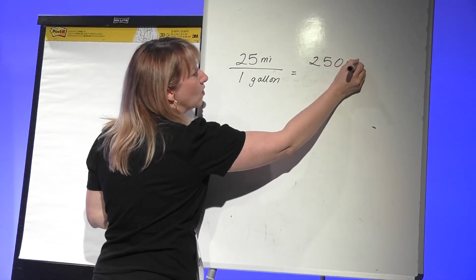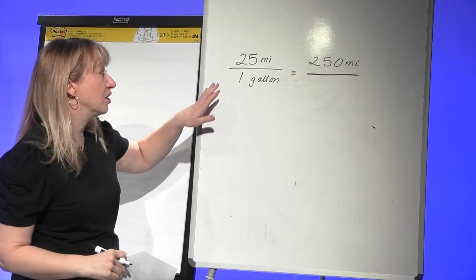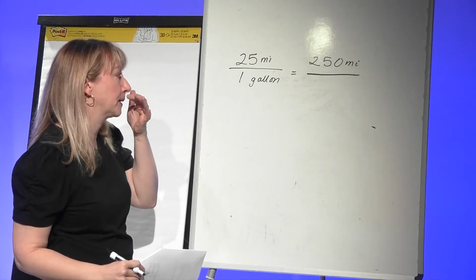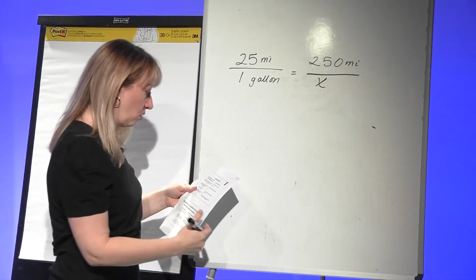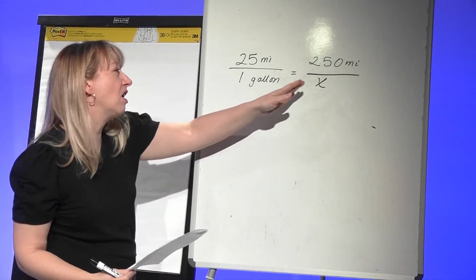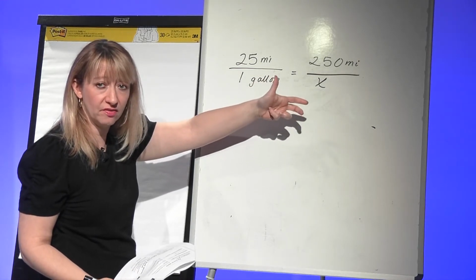So this is a proportion. A proportion just means that you're setting up 2 equivalent fractions to find a missing number. If we don't know how many gallons we'll need, we're going to call this x. You can put a variable in the place of the missing number.